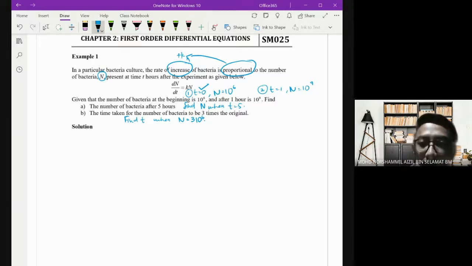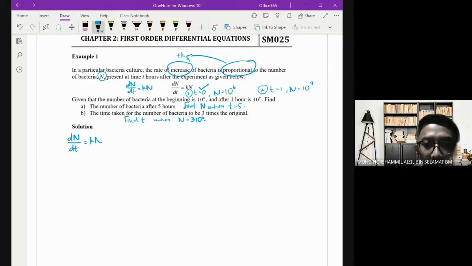Ini clue dia. Okay. Sekarang ni kita tak payah pening kepala, kita tengok yang semua color biru saja. So dN over dt is kN. Alright guys. So in this case, compulsory to show everything until you get the general solution.